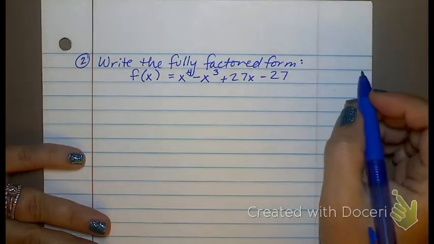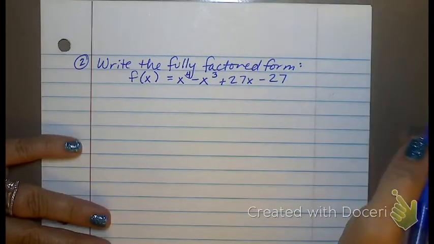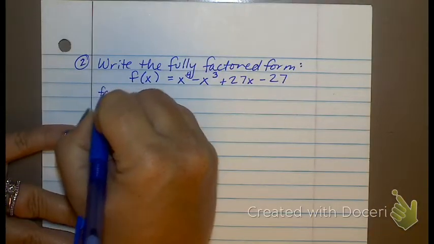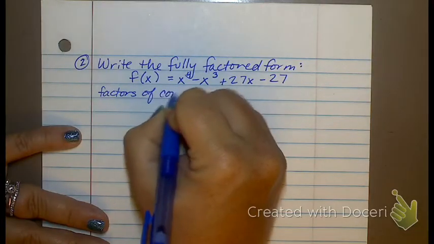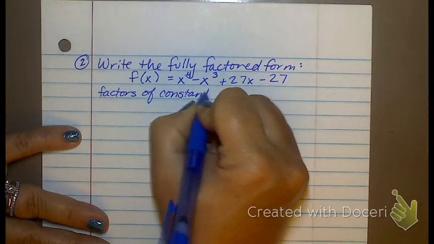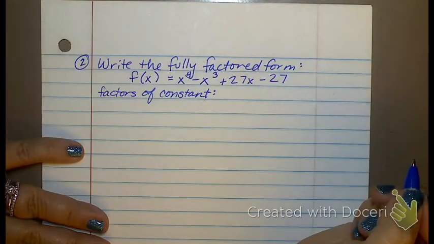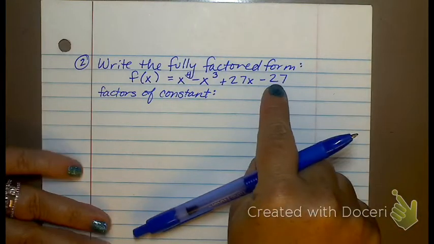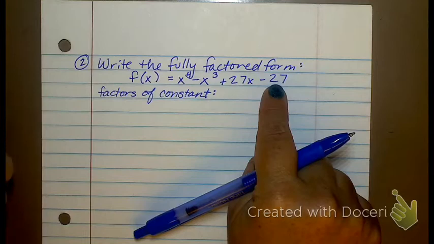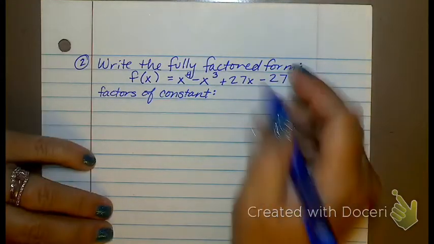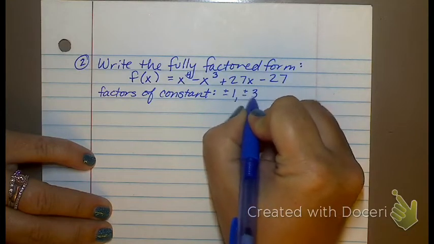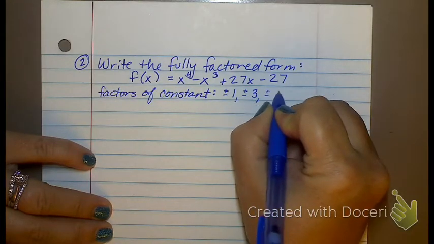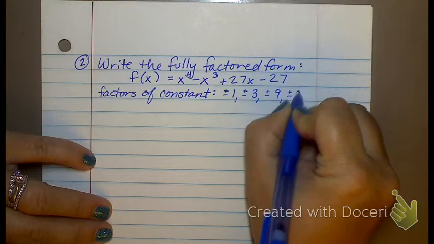So I need to come up with my list of possible zeros. So I need my factors of the constant. Which one's my constant? 27. I like 27. It doesn't have a whole lot of factors. 27, I would have 1, 3, 9, and 27, right?